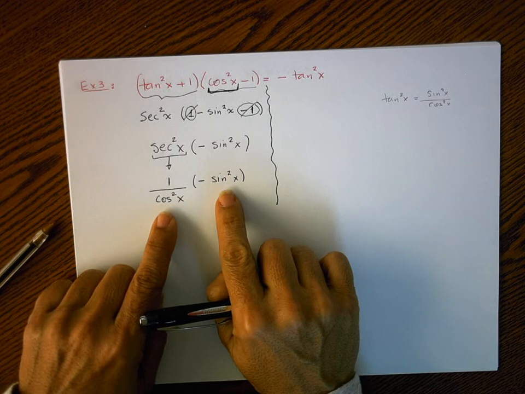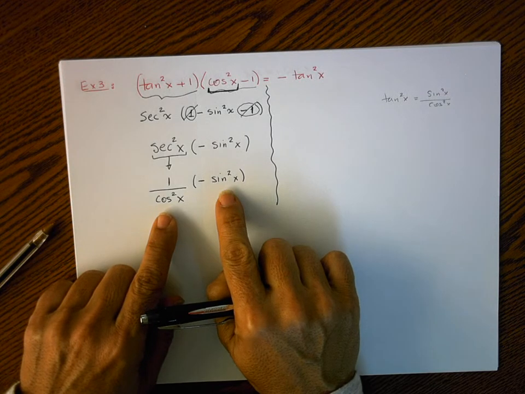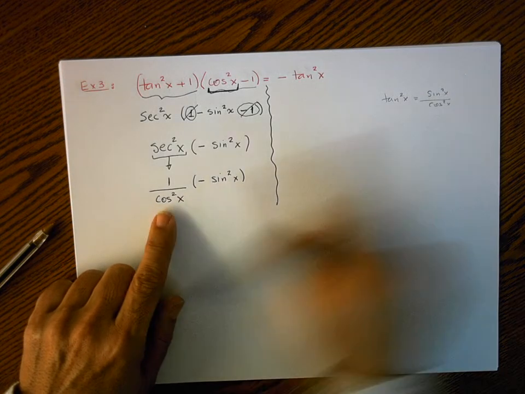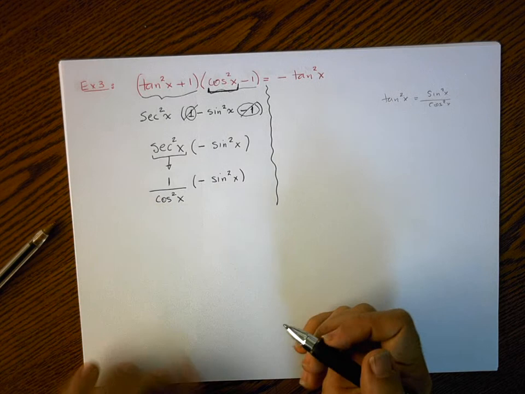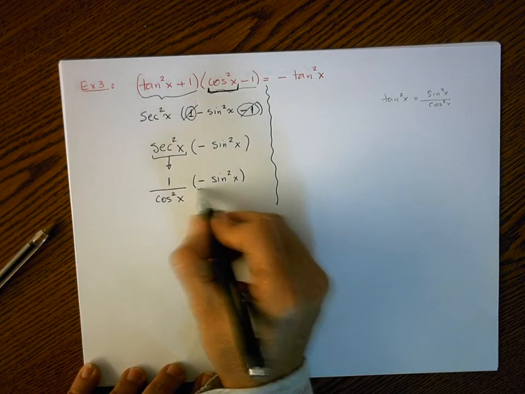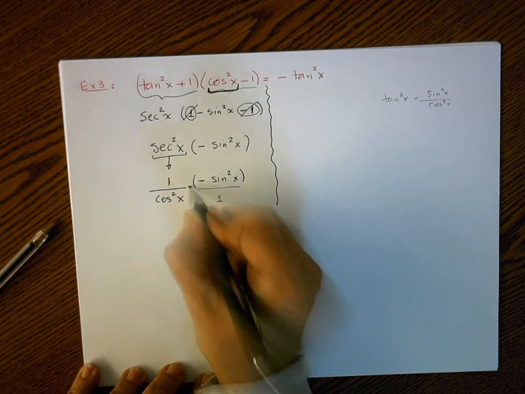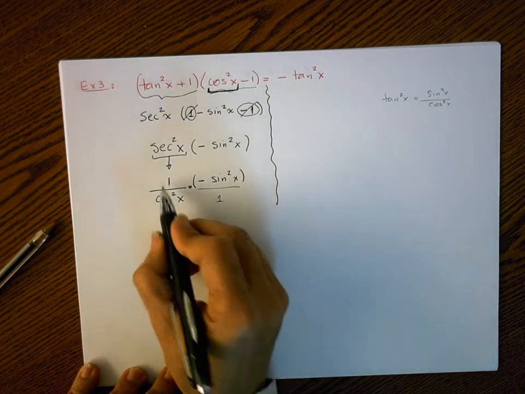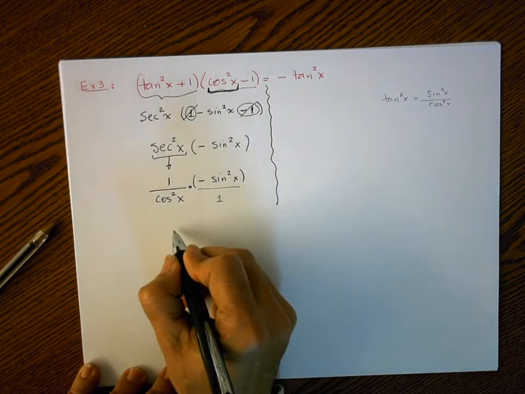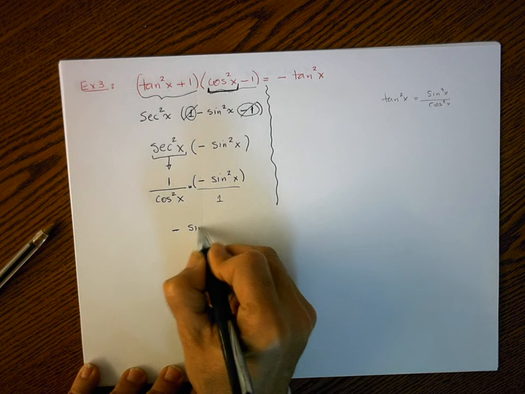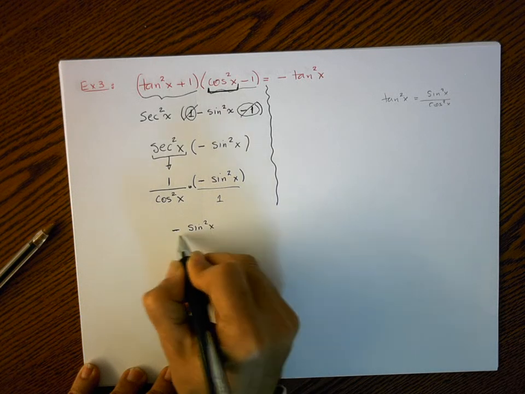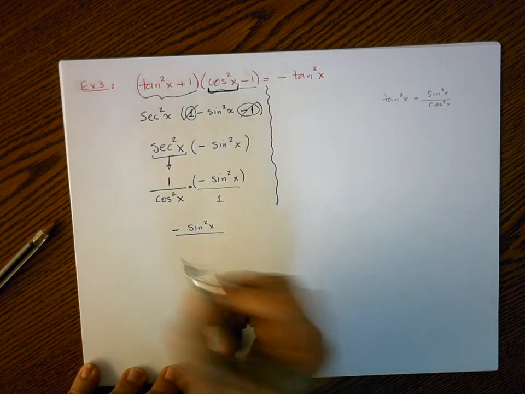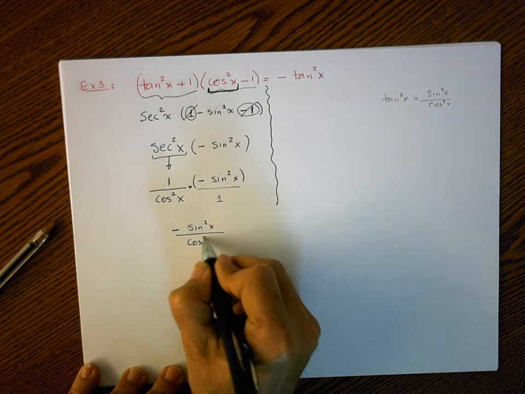Okay, it's starting to look nice. I'm starting to see a light at the end of the tunnel because I see sine and cosine, there it is. My tangent should start appearing here really quick. If I see this as over 1 and there's a multiplication here, I can just multiply my numerators and my denominators. 1 times the negative sine, so I get a negative sine squared of x all over 1 times cosine squared of x.